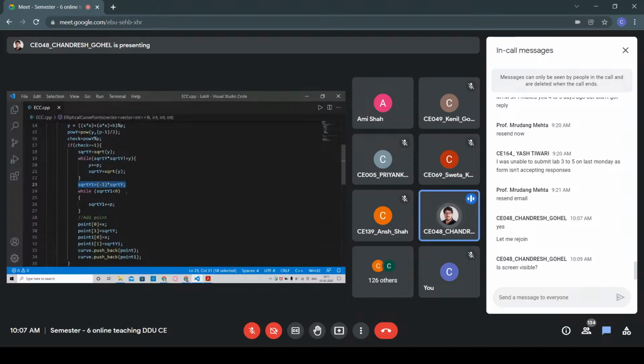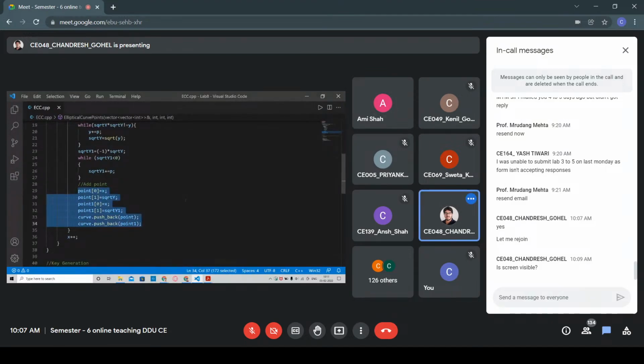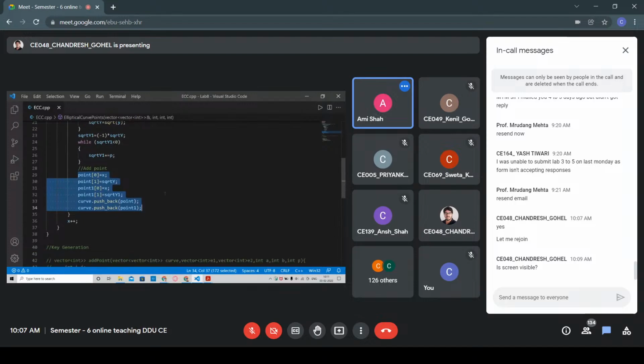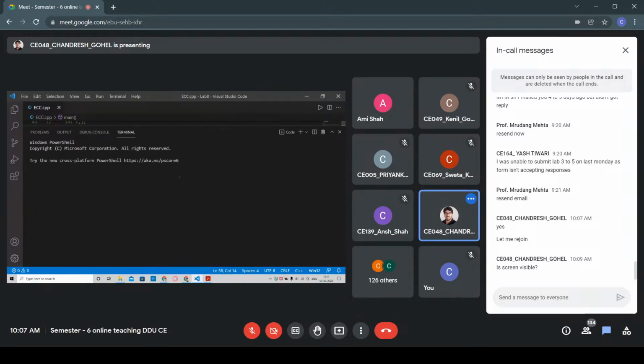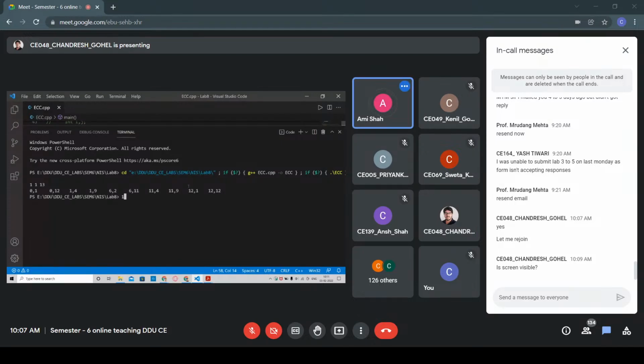Then we are doing mod p, so I increment with p. Then adding that point into the curve. Okay, so the points are generated, right?